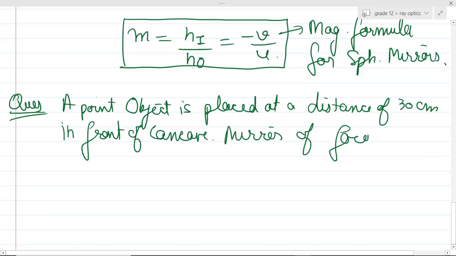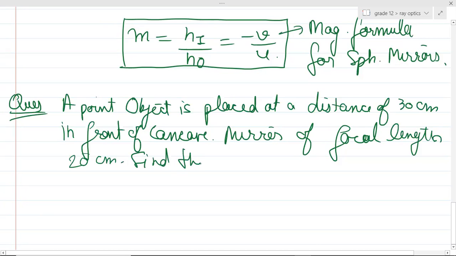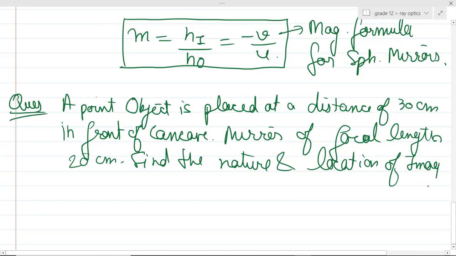Focal length 20 centimeter. Find the nature and location of the image. It's a normal 10th grade question. Try to do it.